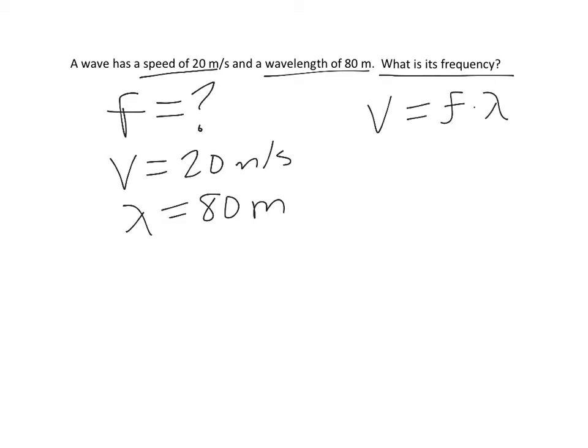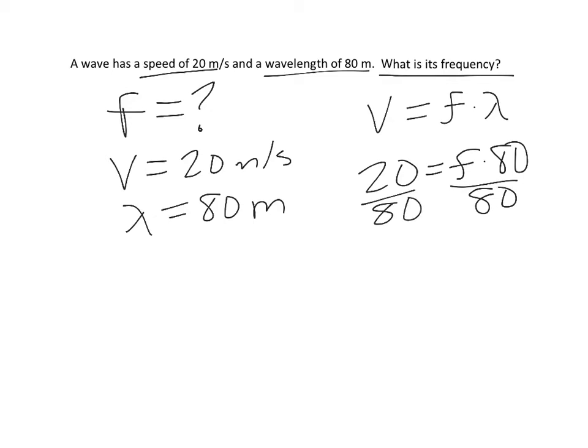We're going to sub in, so I know V is 20. I do not know frequency, so I'll leave that as F, and I know that lambda is 80. And I want to isolate F, so the only way to get F by itself is if I divide both sides by 80. So 20 divided by 80, I get 0.25. And this is a frequency, and if I've used all the standard units, I will get frequency in hertz. So 0.25 waves every second.